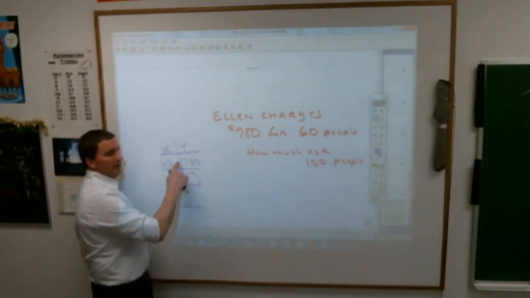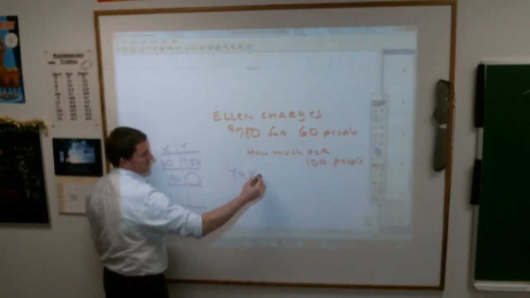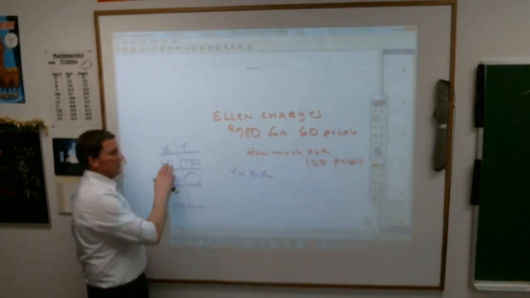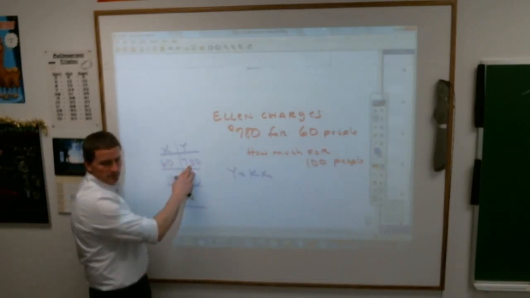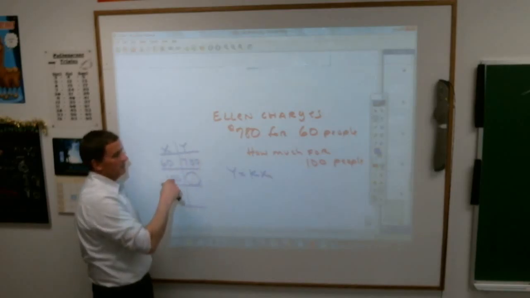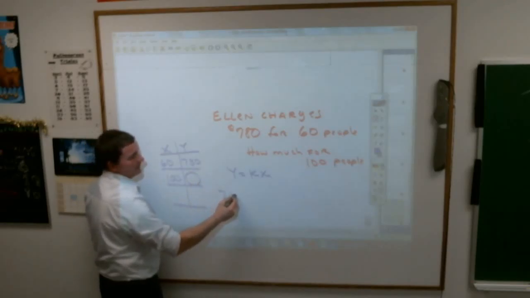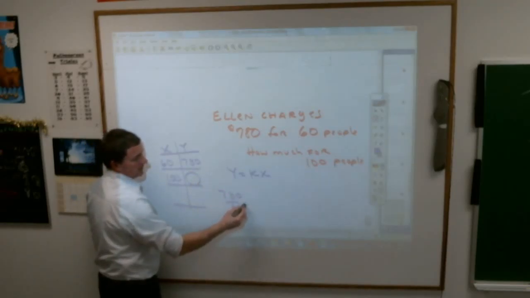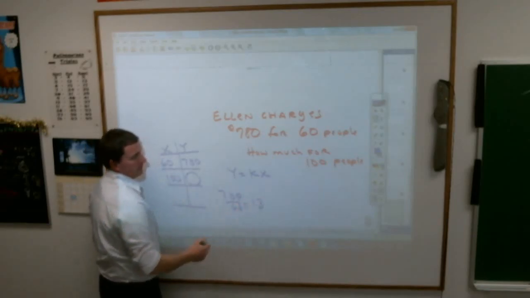And yes, you could actually do this with fractions, but we want to find out what our constant of proportionality is. In other words, how do I find out what I multiply 60 by to get 780? Anybody? It's a division problem. You want to know what times this gives you this, so you take 780 divided by 60, and that equals what? 78 divided by 6 is 13.